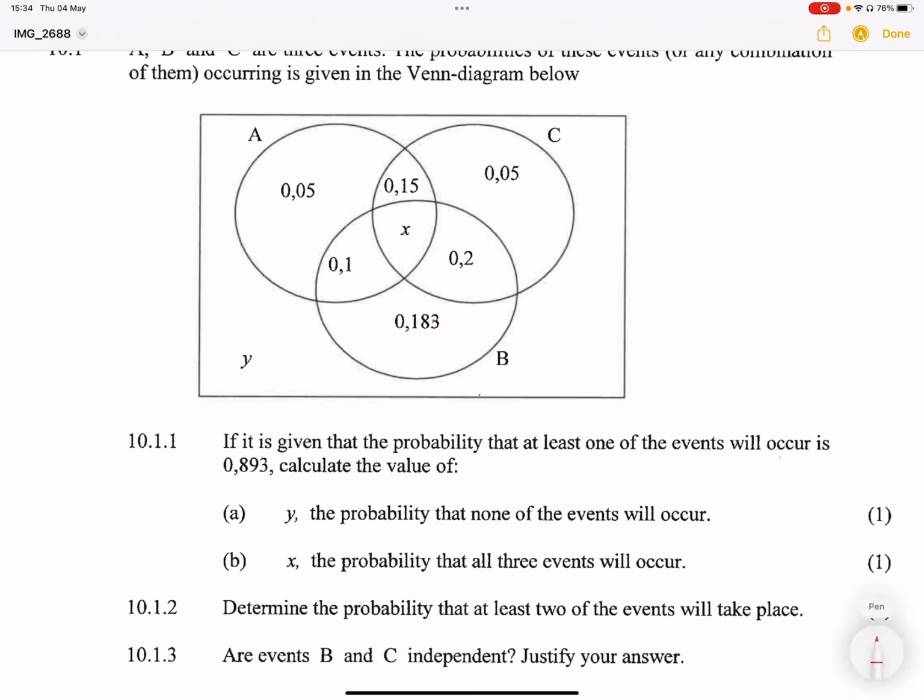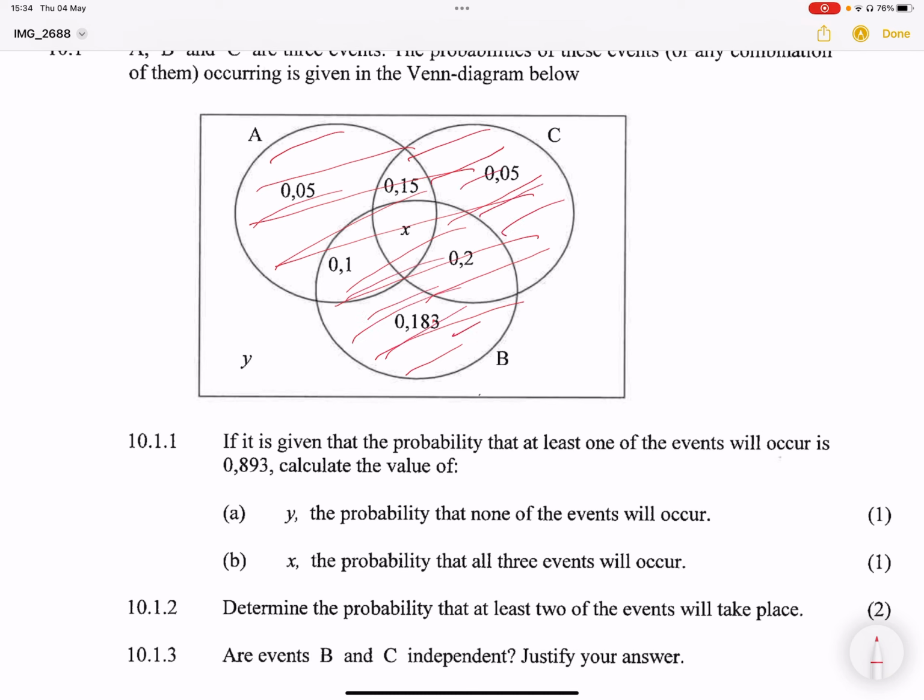Remember, when we say or, we are including everything. So it means that we're going to look at A or B or C. In this case, this includes everything within our sample space. Well, not within our sample space, within the elements.